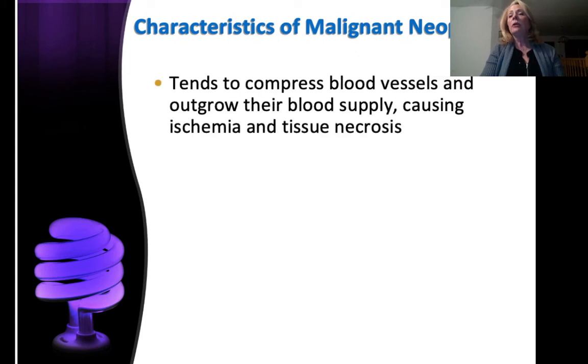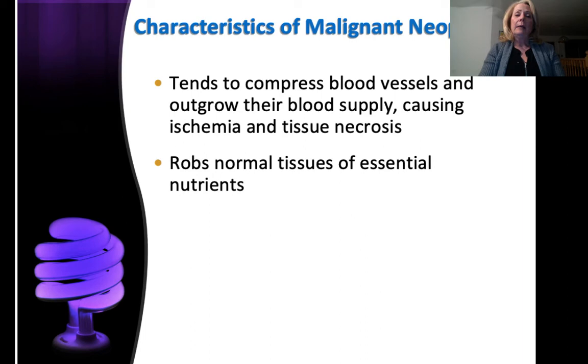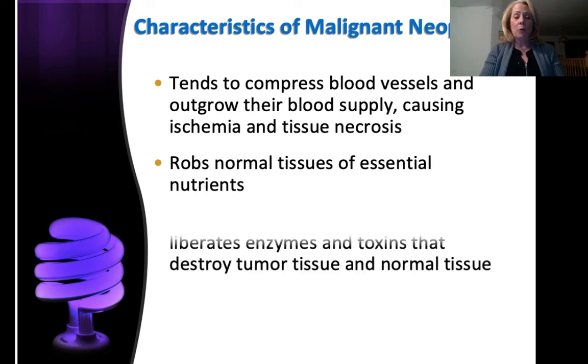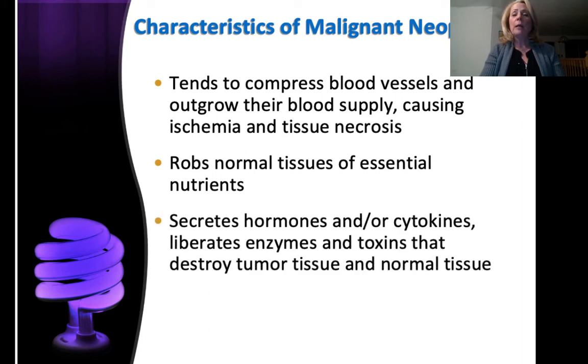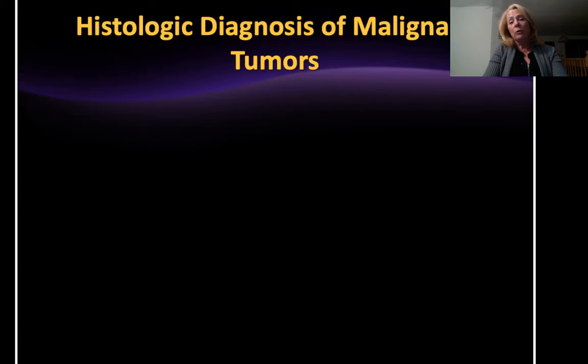They tend to compress blood vessels, and they can cause ischemia and tissue necrosis because they invade into that tissue and there may not be enough blood supply now. And they rob normal tissue of its essential nutrients. Those tissues are not doing what they're supposed to do anymore, so instead they're secreting various hormones, toxins, enzymes, things that can destroy the normal tissue.